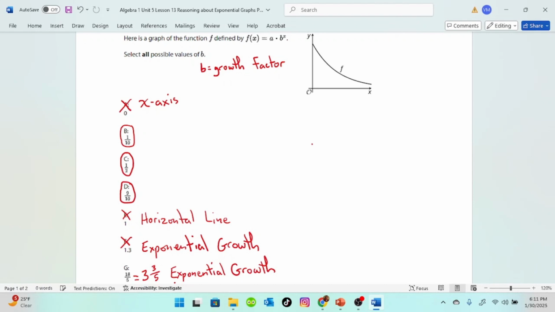And our graph shows exponential decay. So G is not a correct solution. So the only options that result in exponential decay are B, C, and D, because that has us multiplying by a number somewhere between 0 and 1, not including 0 or 1.